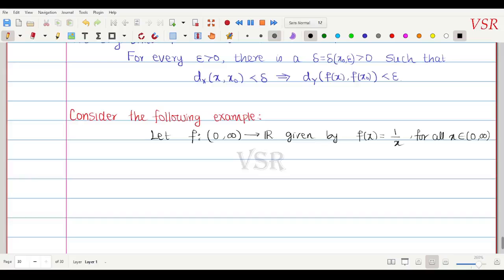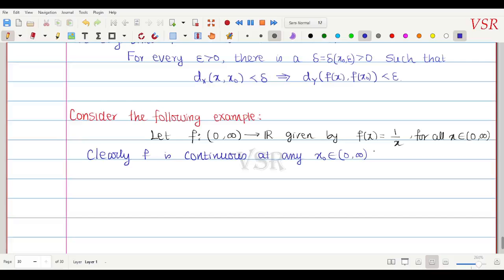Now we can easily show that this function is continuous. Clearly f is continuous at any x naught in the open interval 0 comma infinity.